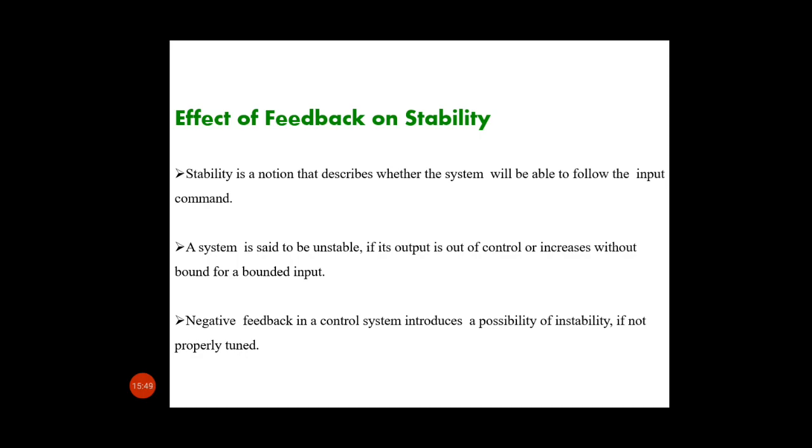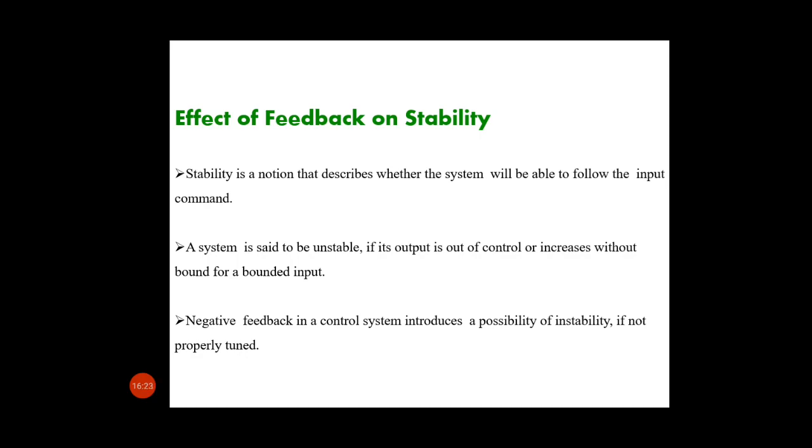So your stability is also controlled by the feedback. If your transfer function is G by 1 plus GH and your GH value is negative one, then your transfer function or output is infinite.